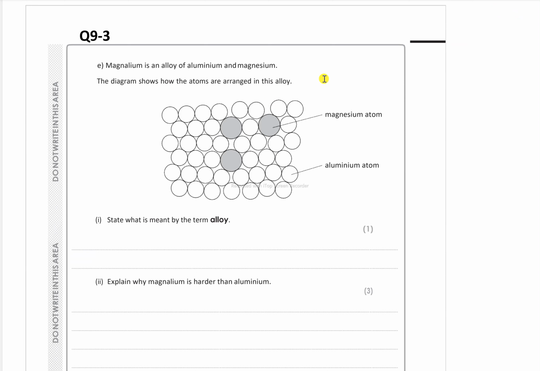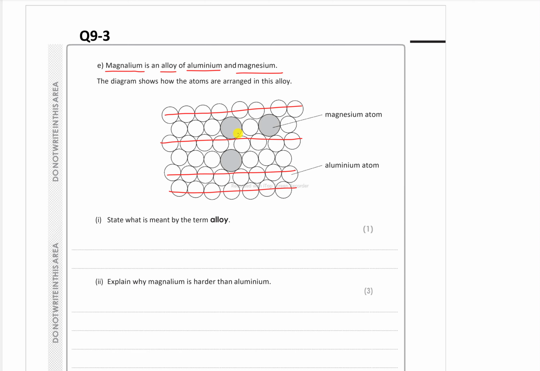Right, next one. Magnesium is an alloy of aluminium and magnesium. So have you noticed normally metals have layers, right?